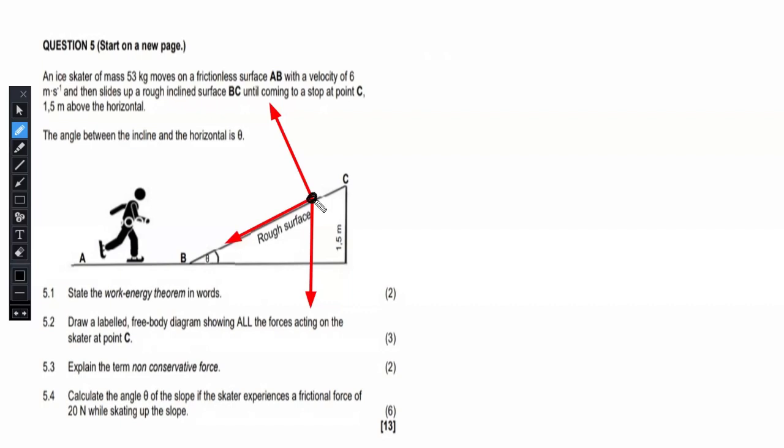And just like that, we have our free body diagram. So this is our normal force, this is our gravitational force, and this is our kinetic frictional force.